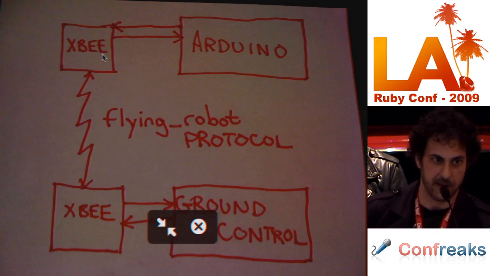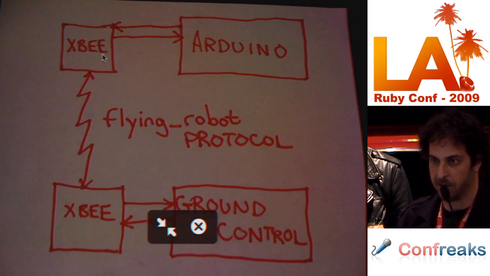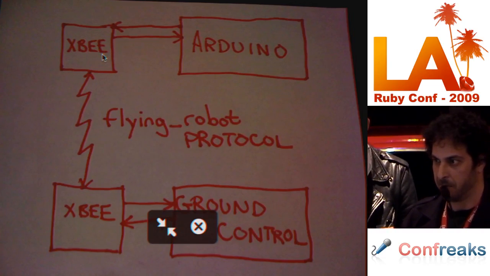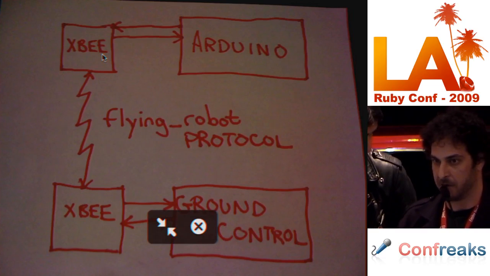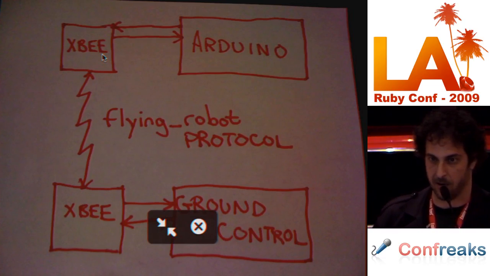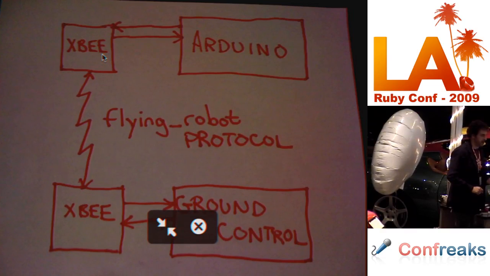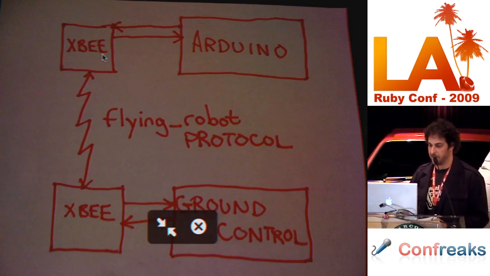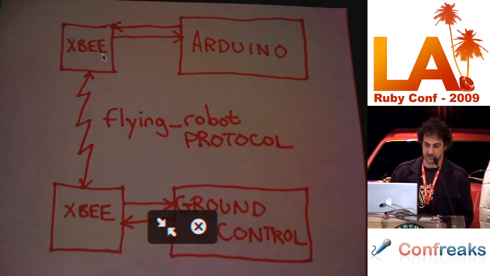Anyone here know about XBee? XBee is a wireless radio frequency modem that lets you communicate over long distances using very low power. It uses the 802.15.4 protocol, which most people have never heard of, but it's a point-to-multipoint protocol. And it's designed for inexpensive, low-powered devices.